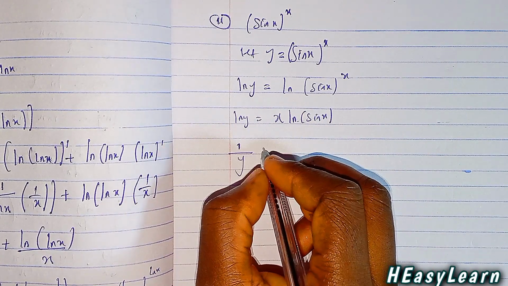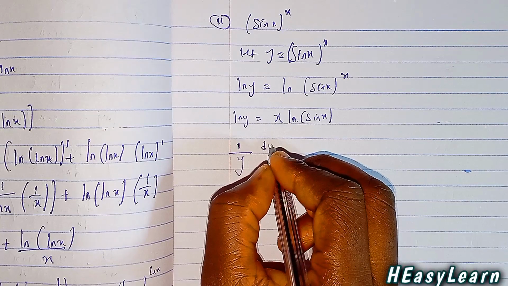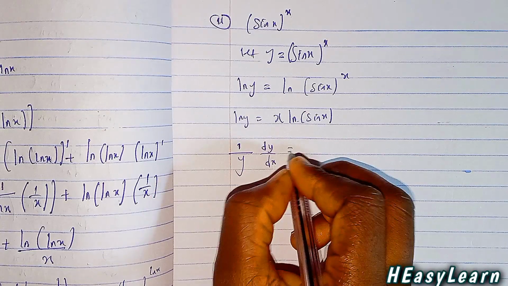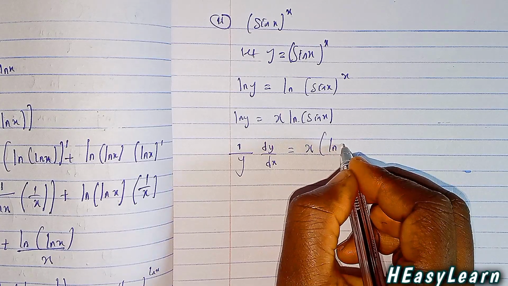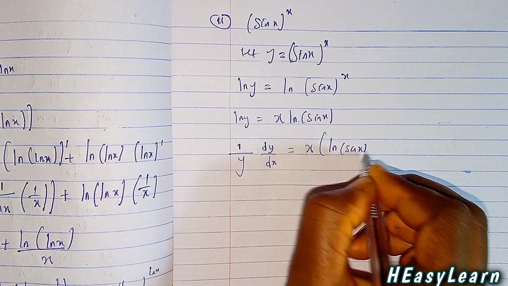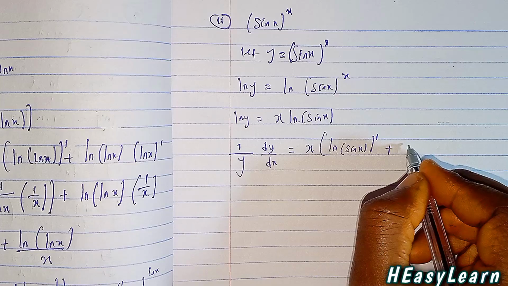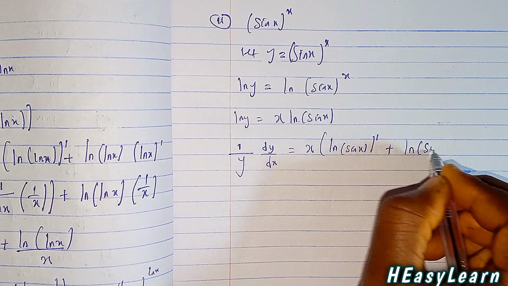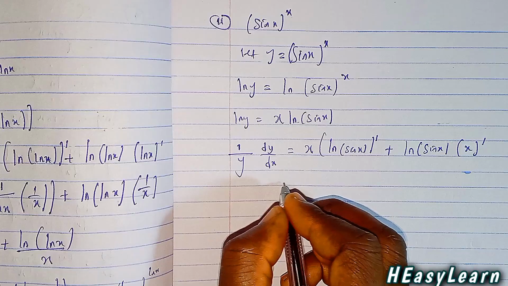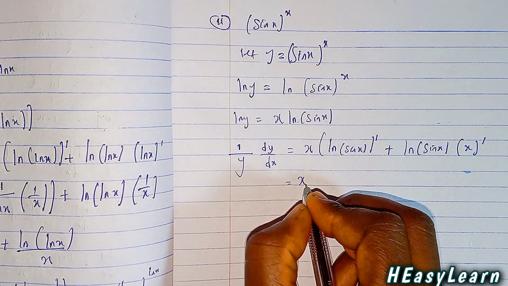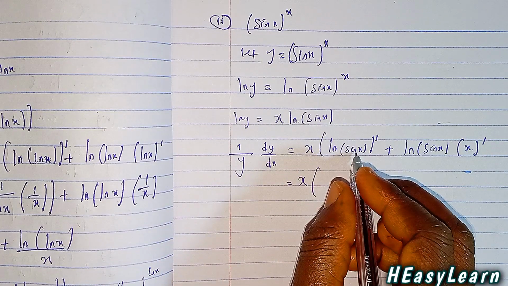The differential of ln y is 1 over y dy dx. For this function, keep x, differentiate ln sine x, plus keep ln sine x and differentiate x. This is the same thing as x times the differential of ln sine x.